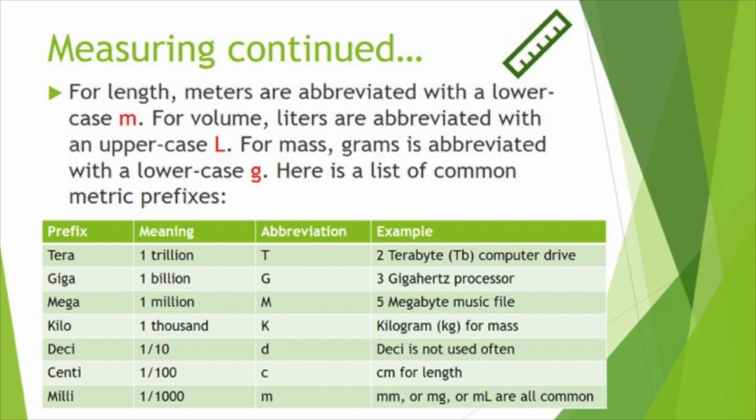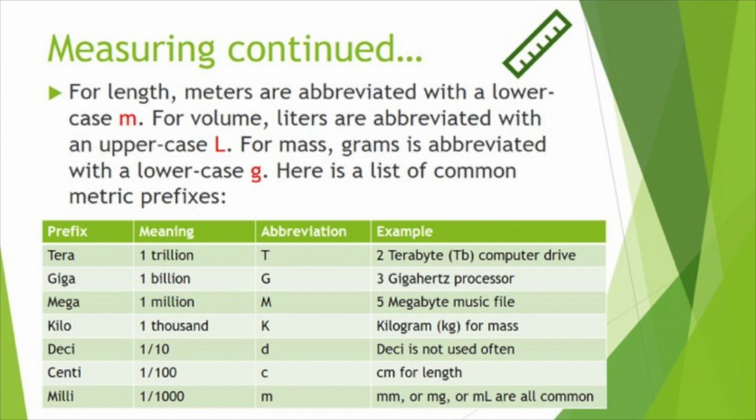For volume, liters are abbreviated with an uppercase L. So when we talk about volumes for liquids, we'll deal with capital L. When we deal with length for meters, we'll deal with a lowercase m. And for mass, because we deal with mass and not weight in the metric system, we will deal with a lowercase g.